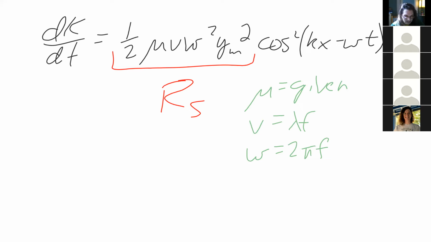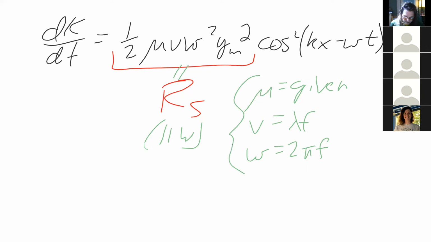And oh, I'm just solving for y max. So let's plug in my 11 watts right here for R sub S, and I just set this equal to the stuff that's out in front and plug in these values.